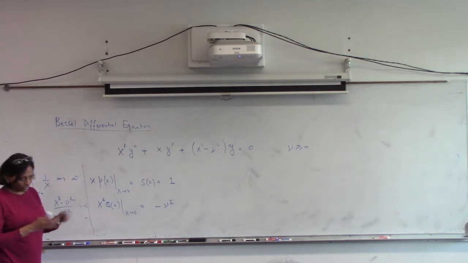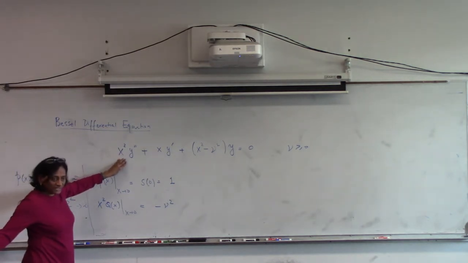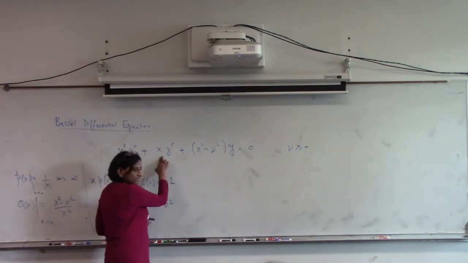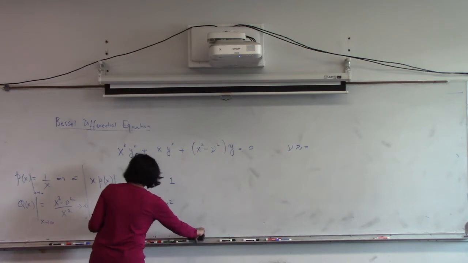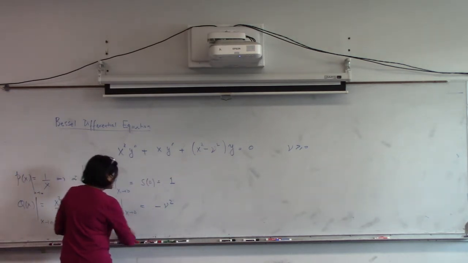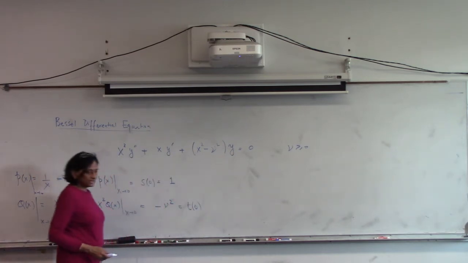Otherwise you cannot even propose it. If both are finite, you go with the ordinary power series. You don't have to calculate the indicial equation and stuff like that. This is an important check, and to do it you have to put the equation in canonical form. Don't take p of x as x and conclude it blows up. So we have s of 0 and t of 0, and I'm also going to write them because we need the indicial equation.